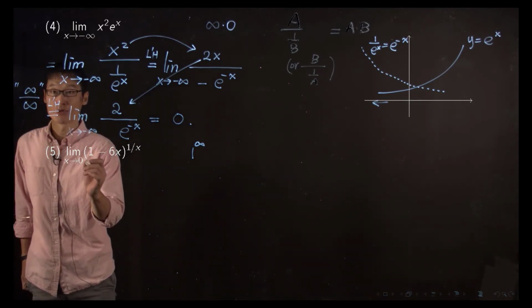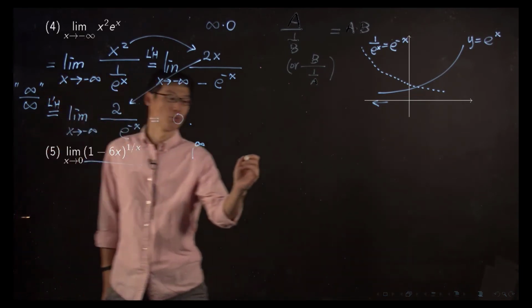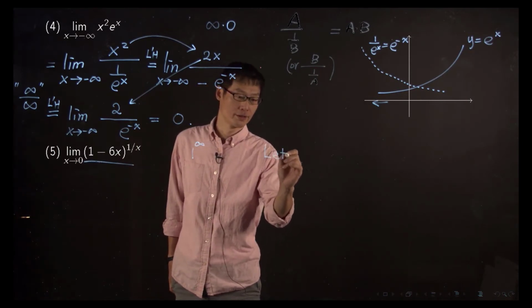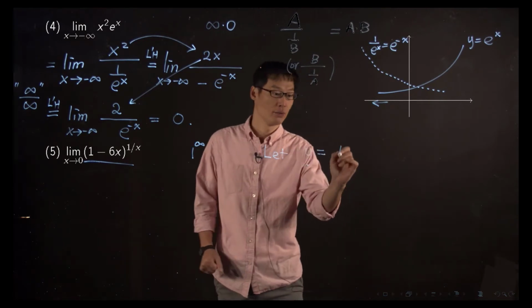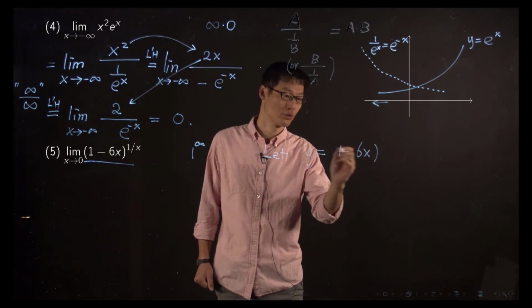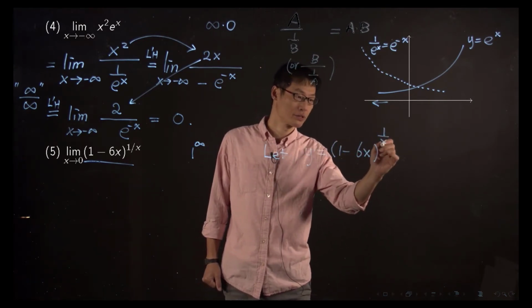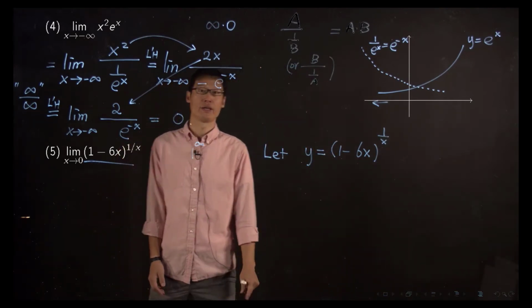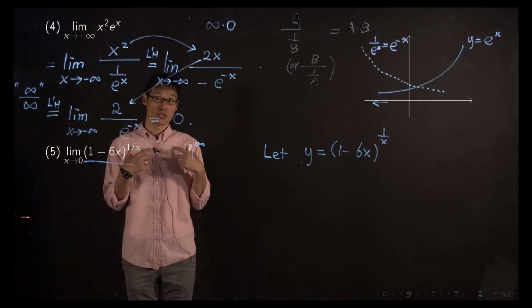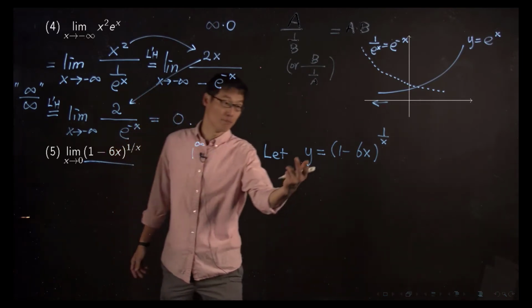So for this expression, we let this function y be (1 minus 6x) to the 1 over x. So we are taking this entire function for this y, and then we take ln of both sides.